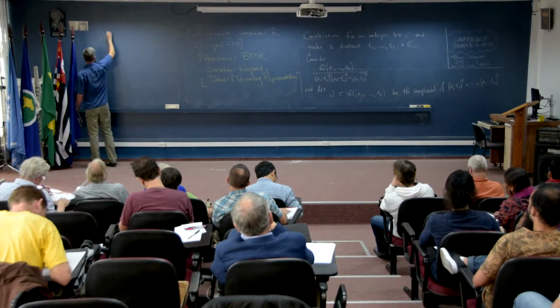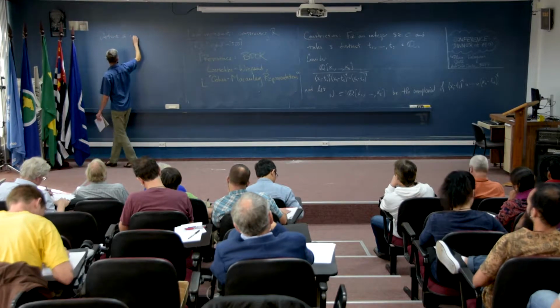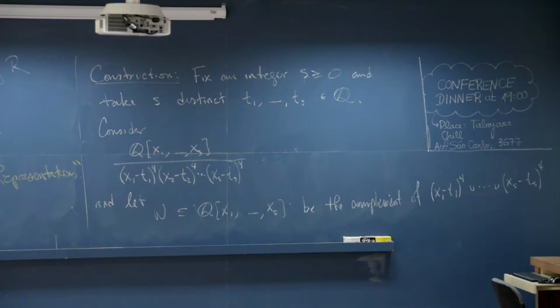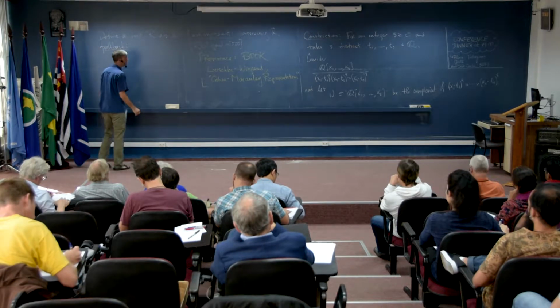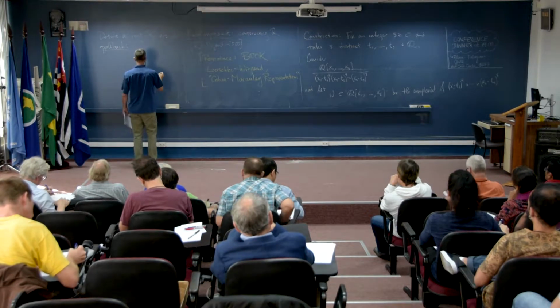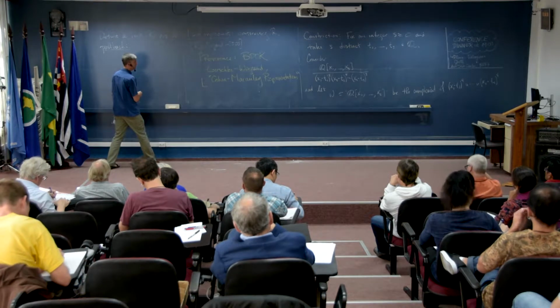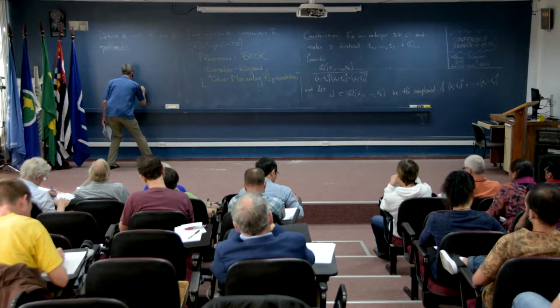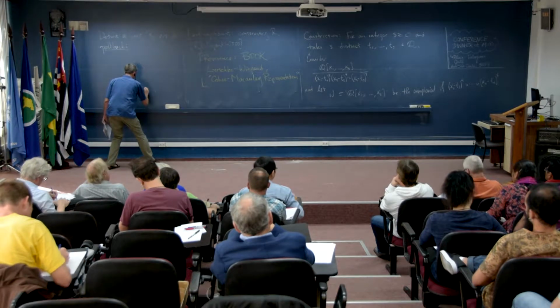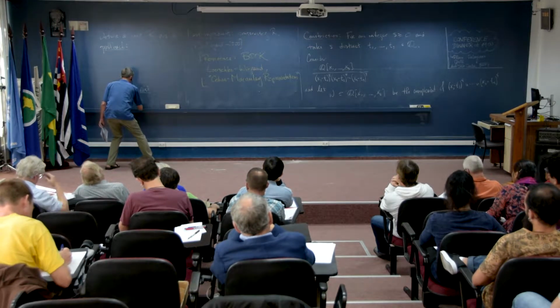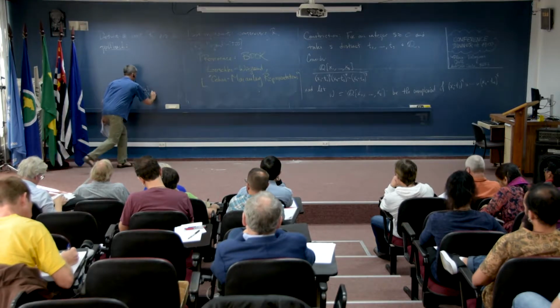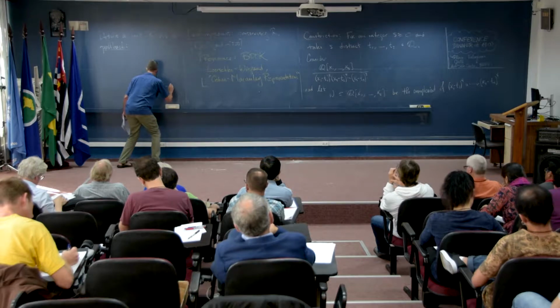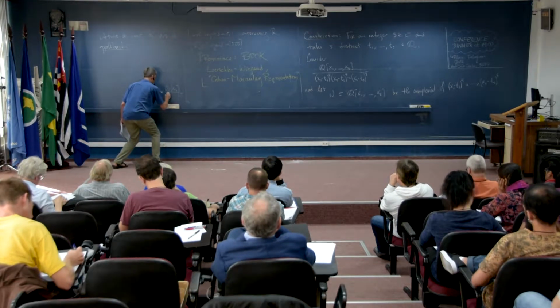And let's define a ring R as a pullback. So here's what I want to do. Down here in the bottom, let's put Q[x1] mod the fourth power of this monomial, up through Q[xs] mod the same fourth power.